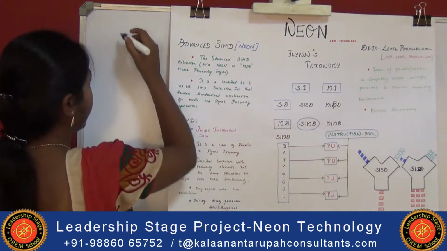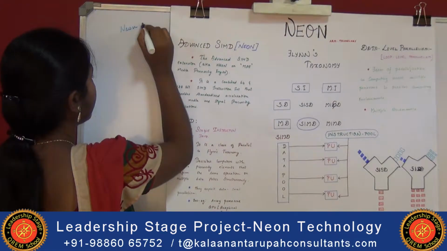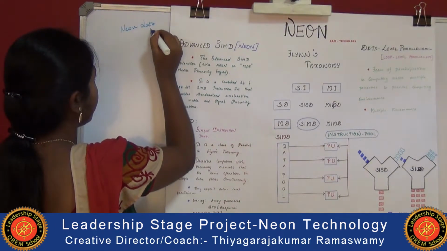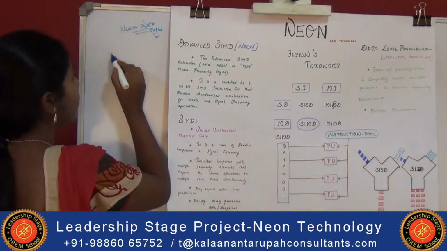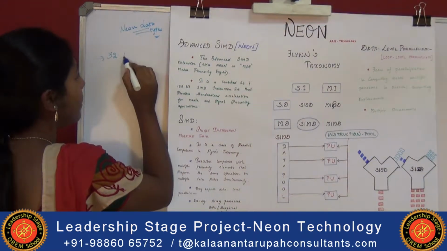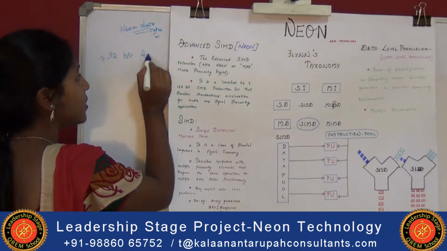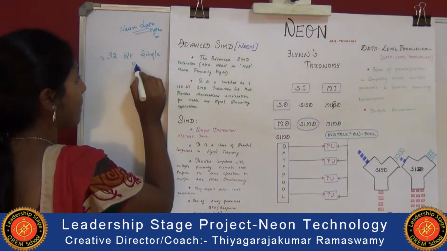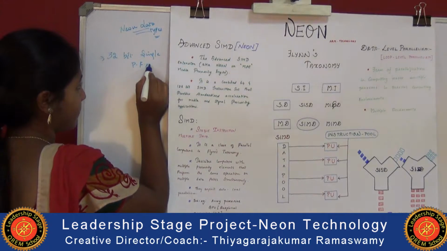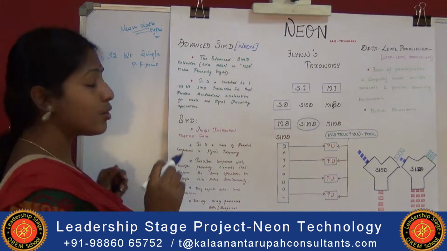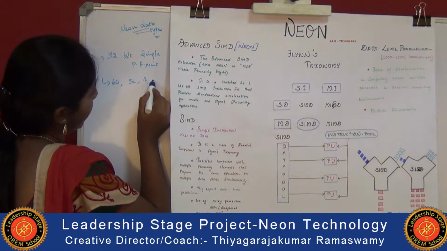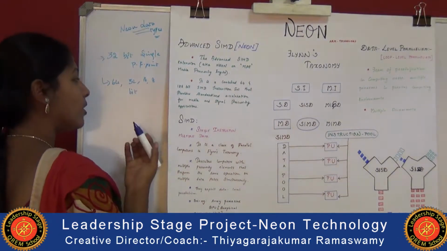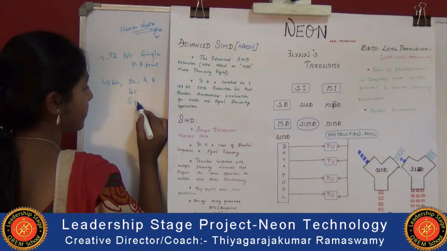So the main data types supported by the NEON are as follows. As I said, it does not support double precision floating point, but it supports a 32-bit single precision floating point, and also it supports 64, 32, 16 and 8-bit both signed and unsigned integers.